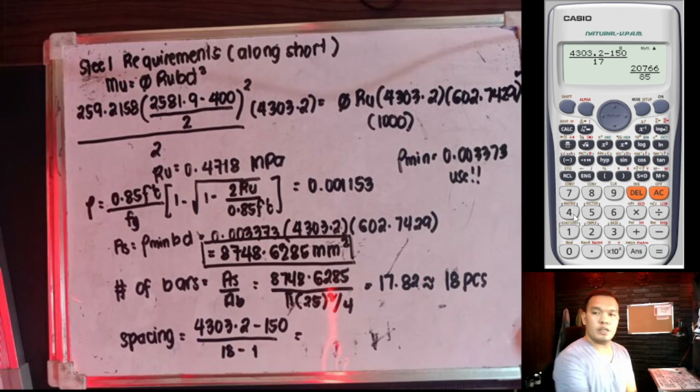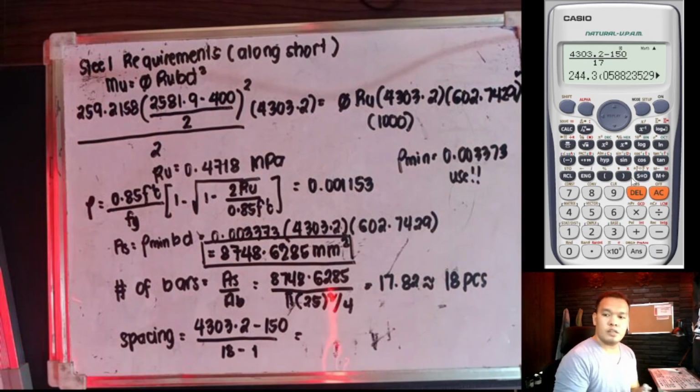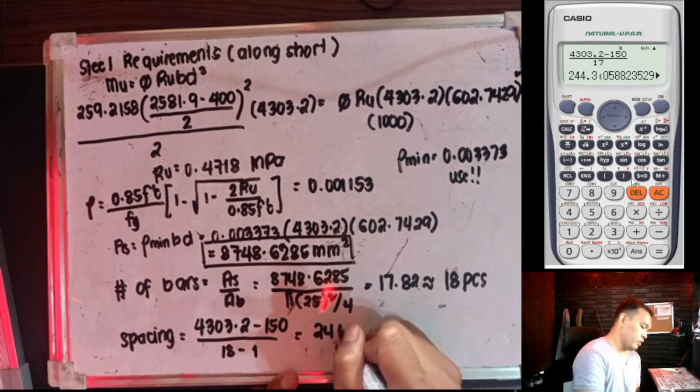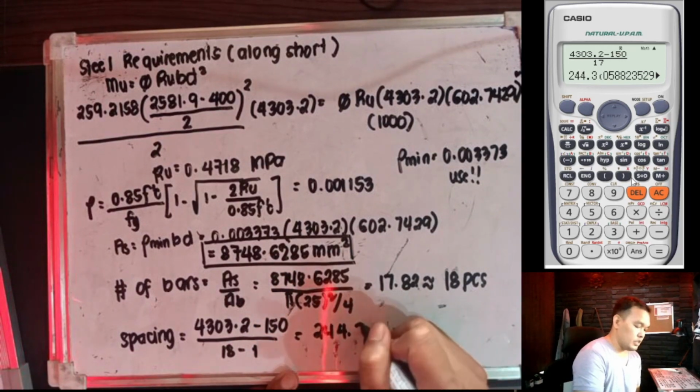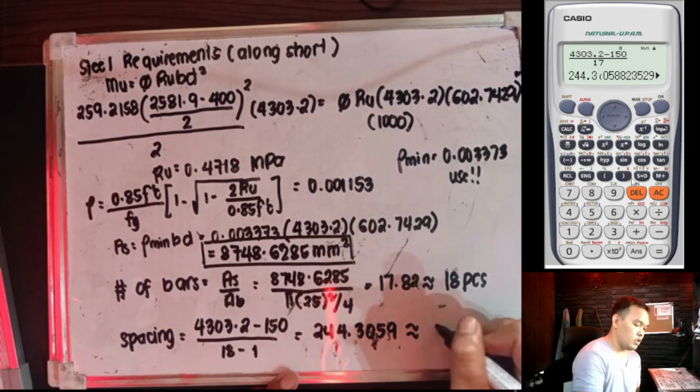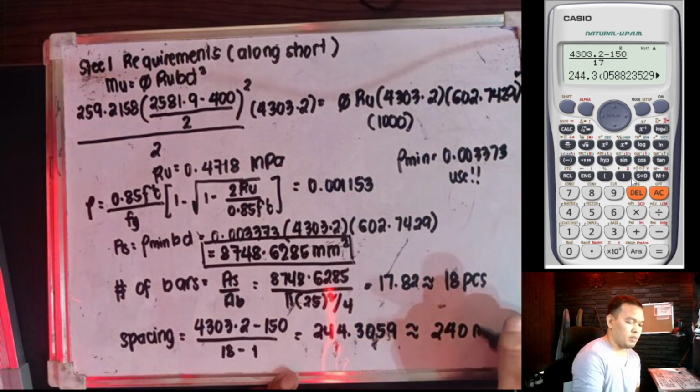So we have here equals to 244.3059. So let's say 240 mm.